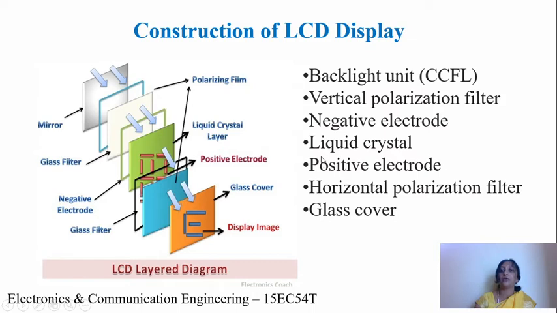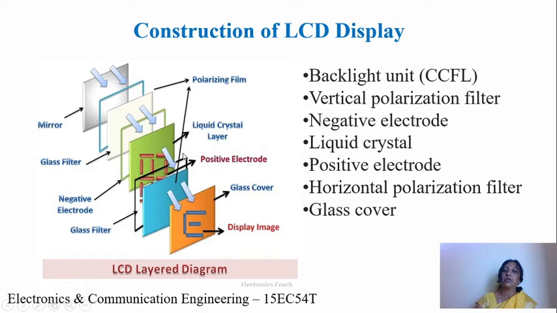And we're going to use a liquid crystal. As I told you, liquid crystal is going to show both the states, that is it has the properties of both solid and liquid. Next it has a glass cover on which the image or the video will be displayed. This is the construction. Here the liquid crystal layer is sandwiched between the two electrodes, positive and negative electrodes.